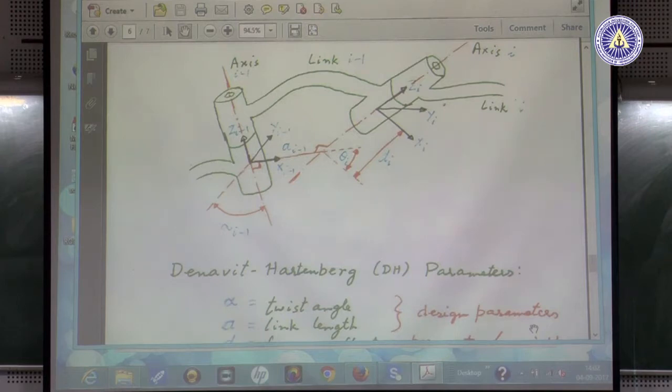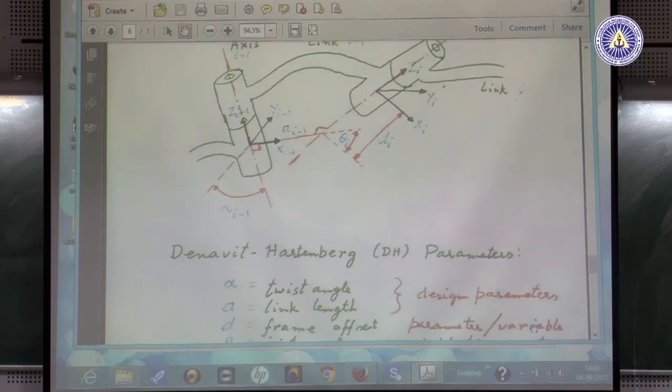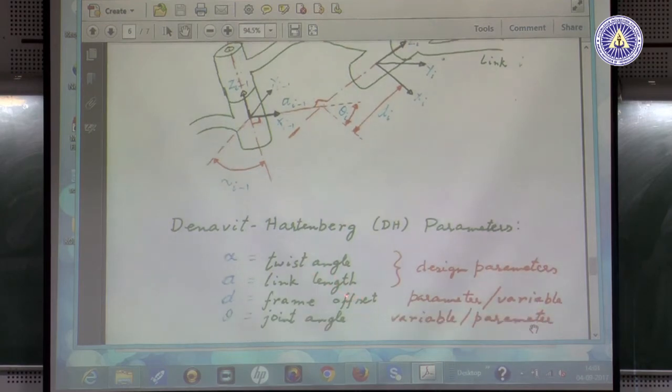Okay. And the alpha is actually showing how much one axis is twisted away from the other one. Okay. So, how much is the plane twisted away from the original plane. So, that is why it is called twist angle, and this common perpendicular is in a way the distance between the two axes, and that is why that is called the link length.